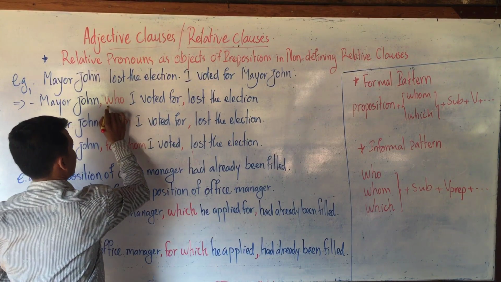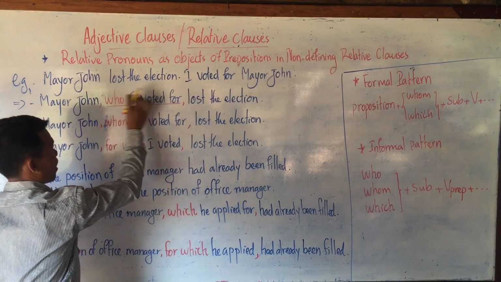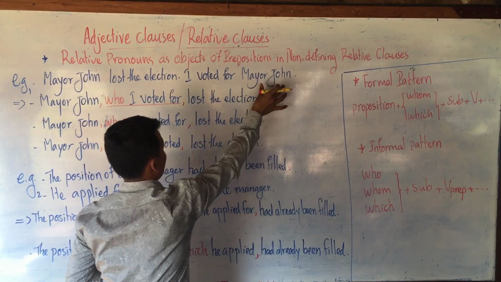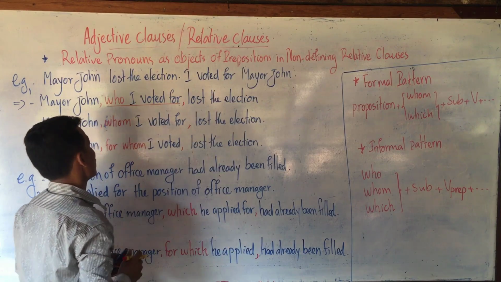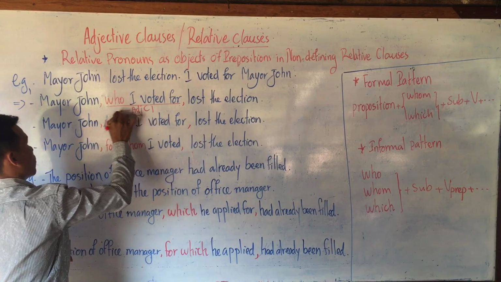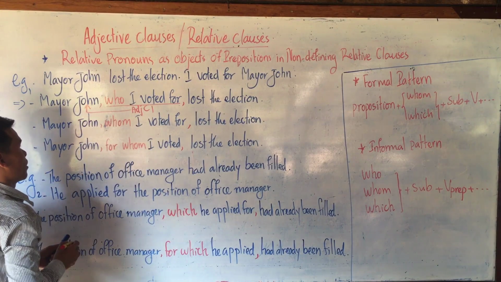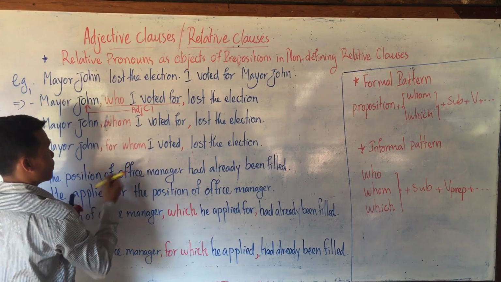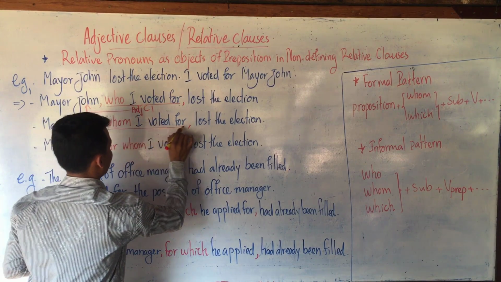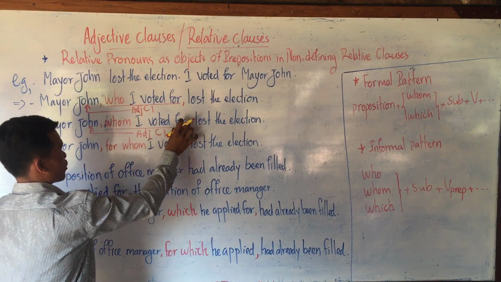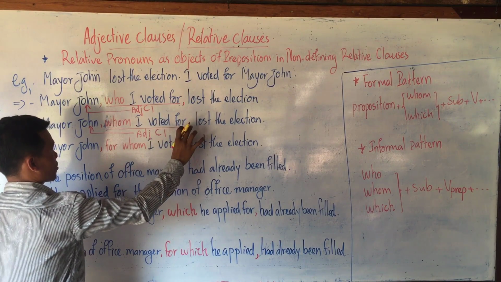Here, the adjective clause uses who as the object of the preposition for, because Mayor John, the second one here, is the object of the preposition for. That's why this is an adjective clause modifying Mayor John. Or you can write another way: Mayor John, whom I voted for. Yes, you can write it like this, an adjective clause as well, but with the preposition at the end of the clause.